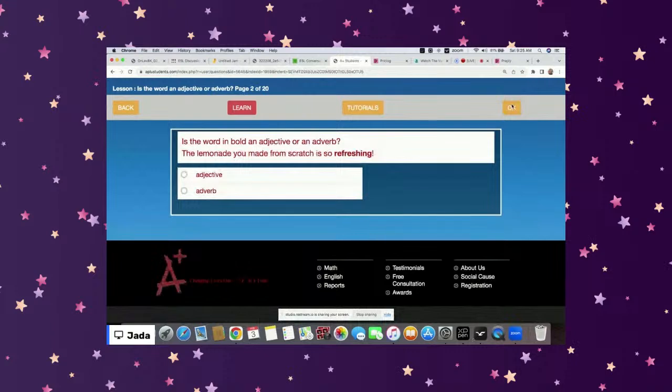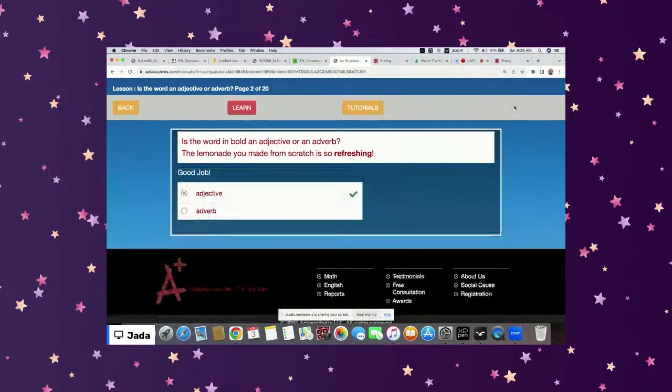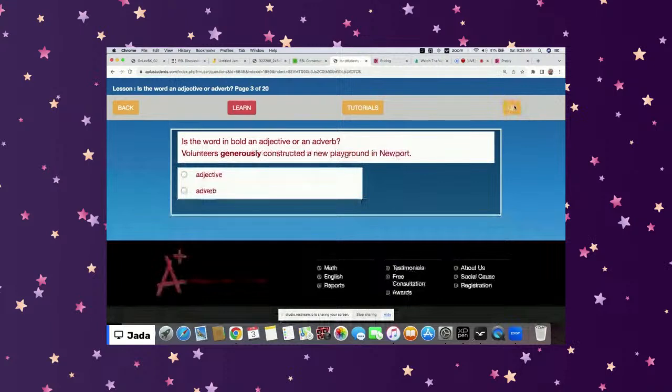The lemonade you made from scratch is so refreshing. So, refreshing. Of course, it is an adjective. Okay. Now, Tias generously constructed a new playground in Newport. Generously. Now, generous, without the "ly", is an adjective.